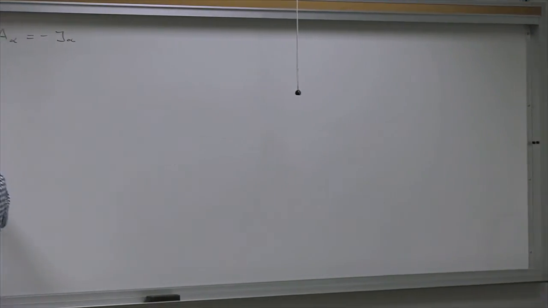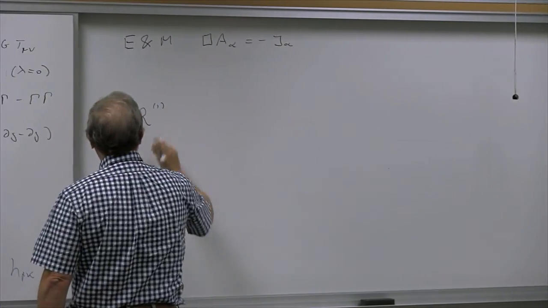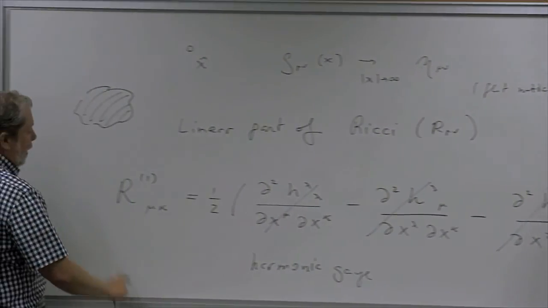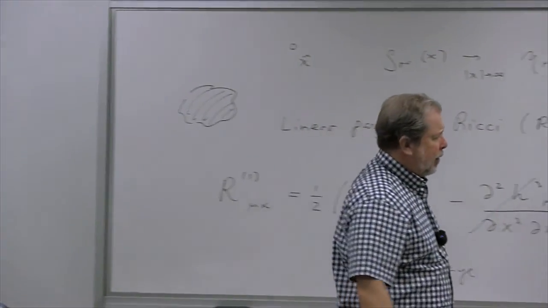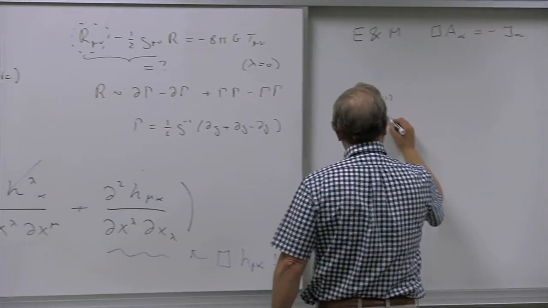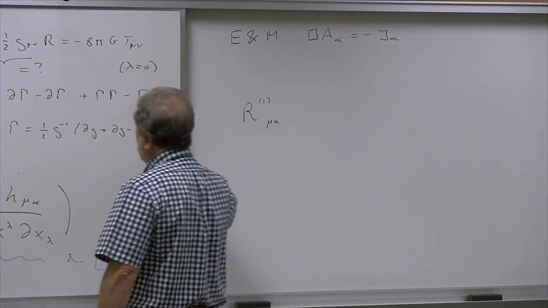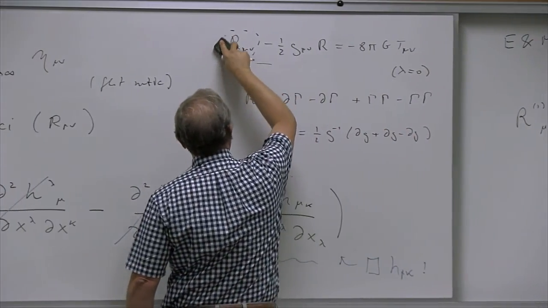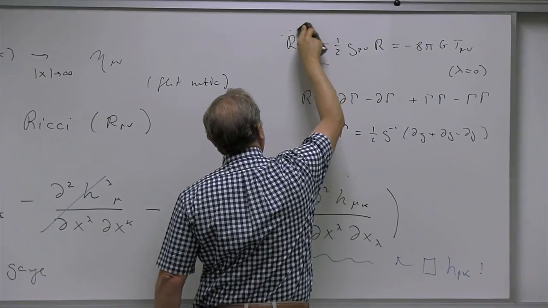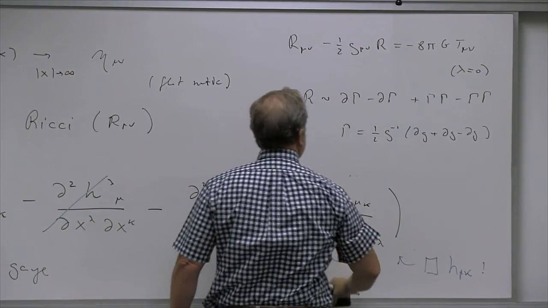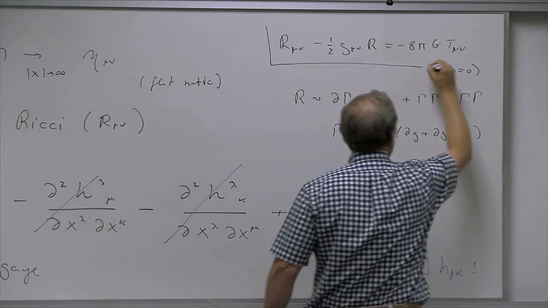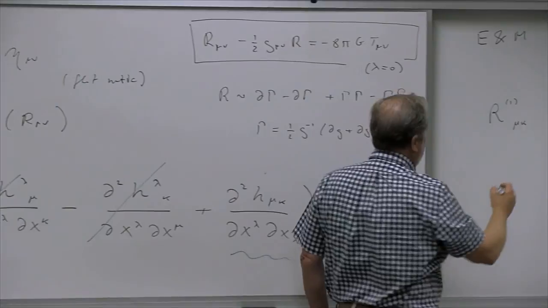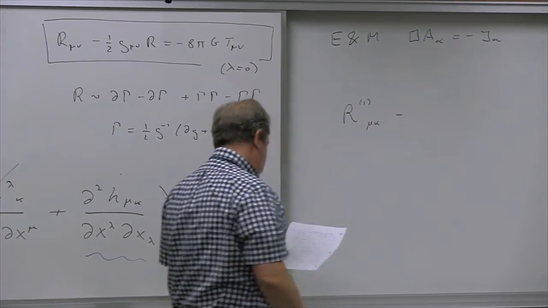And so what we do is take this expression for the linear part of the Ricci tensor, so it's R1 mu k. Well, that's not the whole field equation, because the field equation does not contain just the Ricci tensor. It contains also this other part, the linear part of the Ricci scalar.